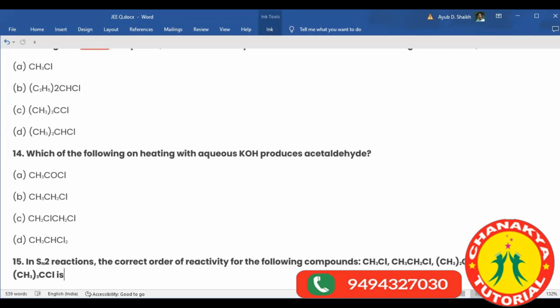Aqueous KOH and alcoholic KOH, there is a difference between them. What is the basic difference between aqueous KOH and alcoholic KOH?